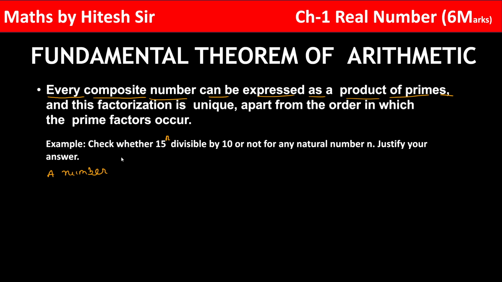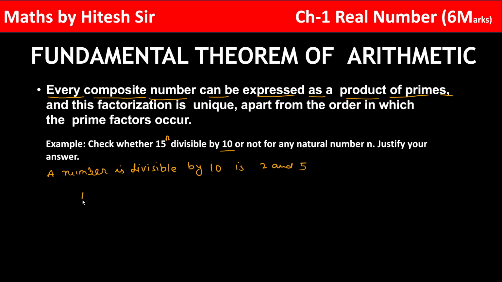A number divisible by 10 must have 2 and 5. Here the number is 10, so which numbers can divide 10? Only 2 and 5. But we need to check in which number? 15 power n.